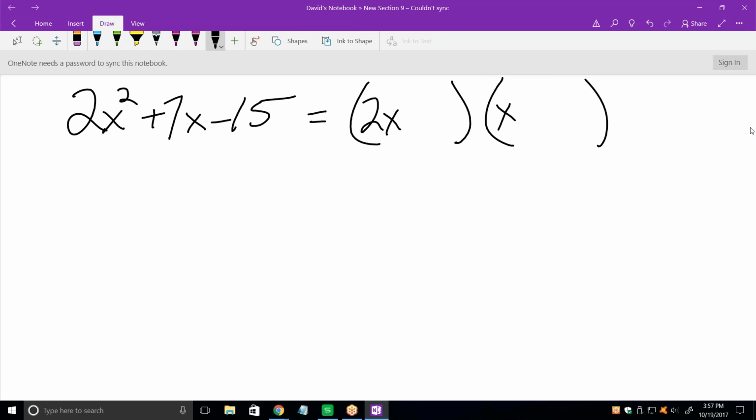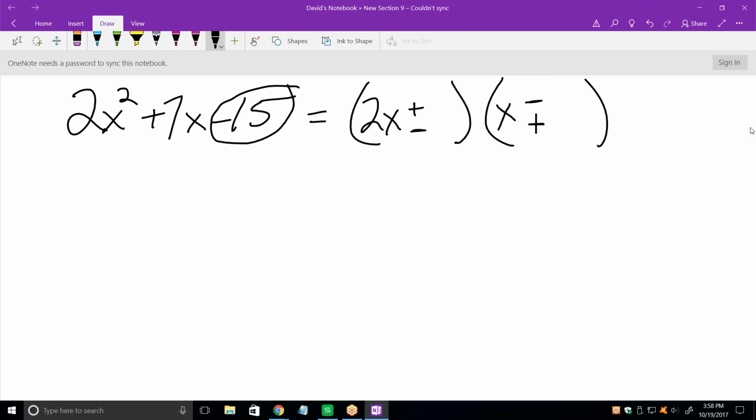Okay. The next step is I still need to figure out both signs. Well, I know both signs have to be opposite because otherwise I cannot produce a minus 15. But plus minus is not the same as minus plus here. I have to allow for either one.